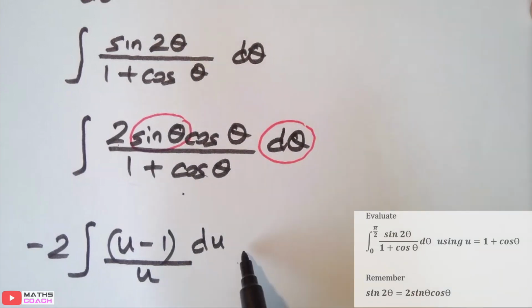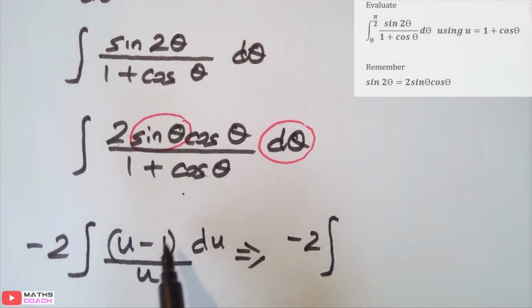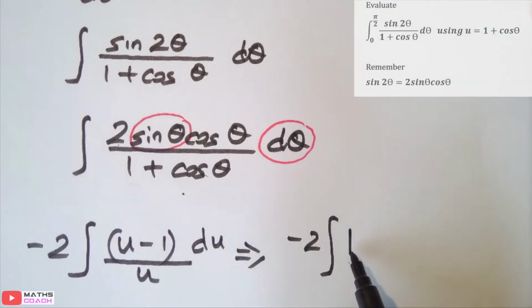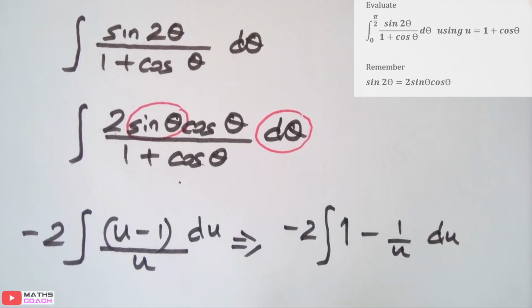So we could now say minus 2 integration. Here we can split this up. u over u is the same as 1, minus, and 1 over u, we can just write 1 over u, against du. Okay, let's move on.